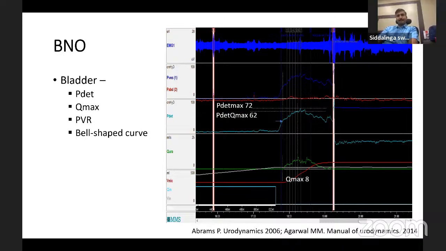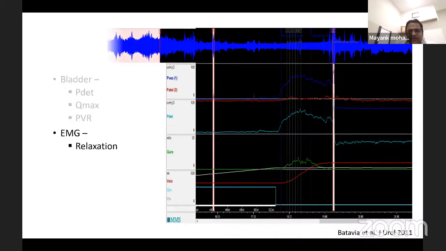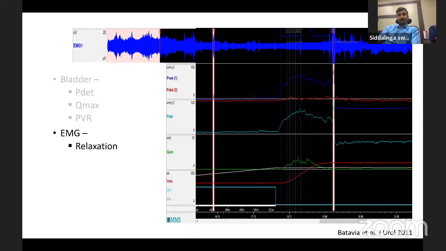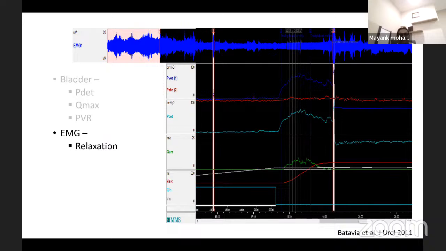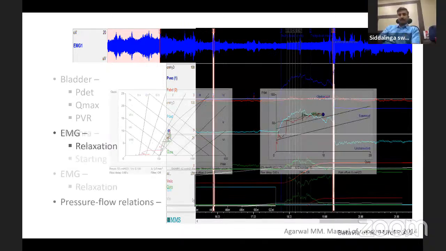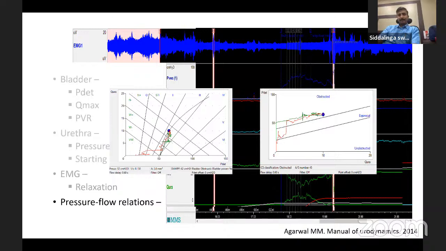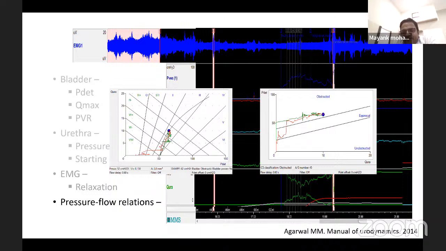Now, in this patient, you have a PDet at Qmax of 62. Now, how do you know whether it's high or not? You will see the Qmax is 8 only. Now, what happened? If you've done EMG, you will find relaxation in the sphincter. So at least you know the reflexes are fine. So that means there is nothing wrong with the external sphincter. And your pressure flow relations show that your AG number is 45.